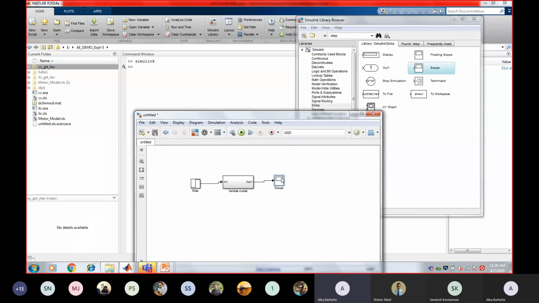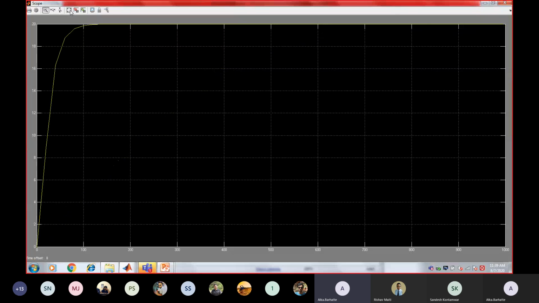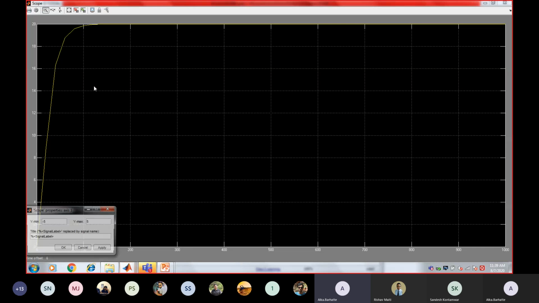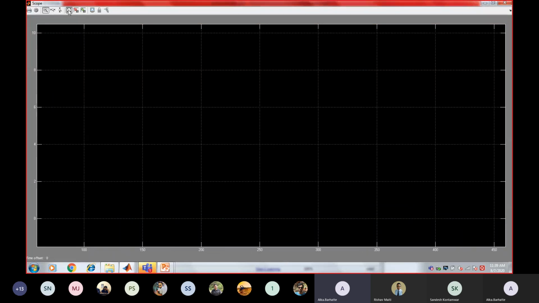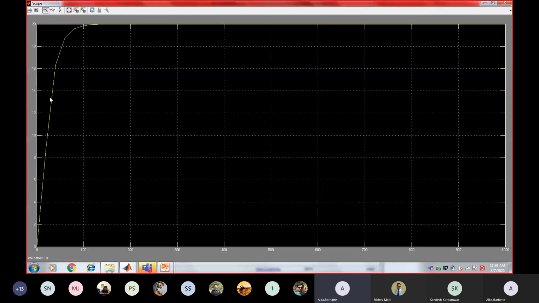I have simulated again, and I have changed this, we are getting that up to... I'll change the axis properties so that your graph is clearly visible. Okay, so this is what is expected.